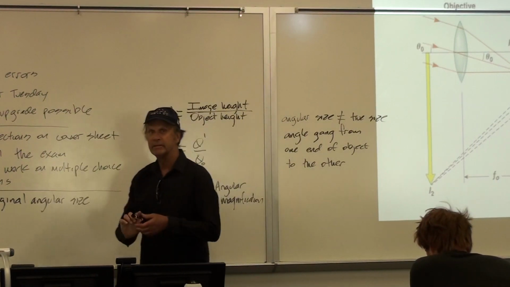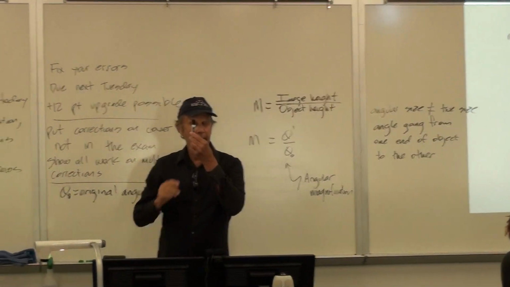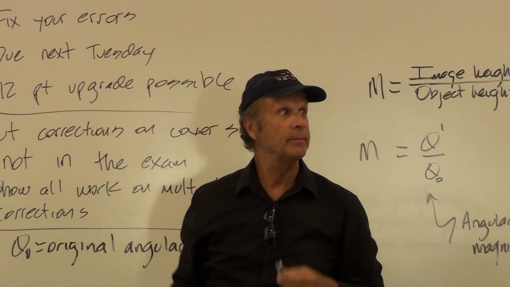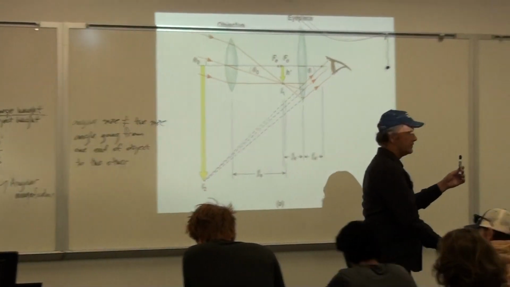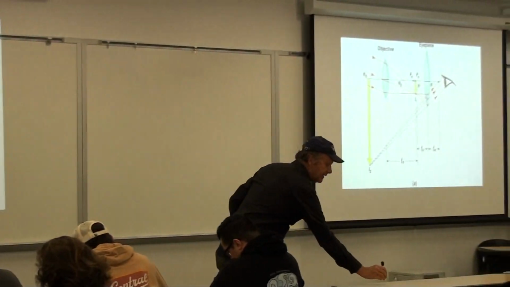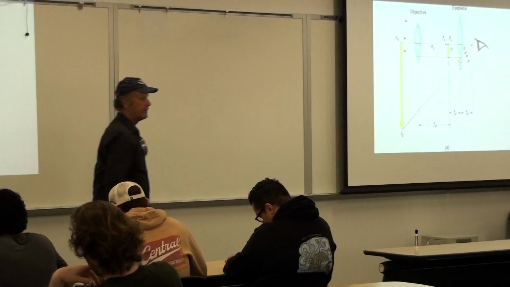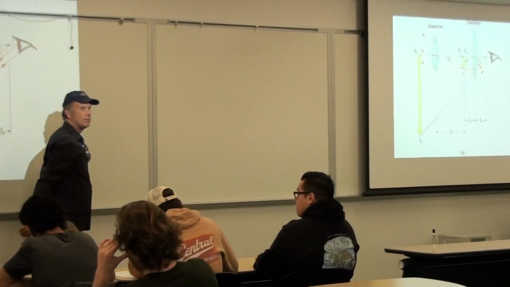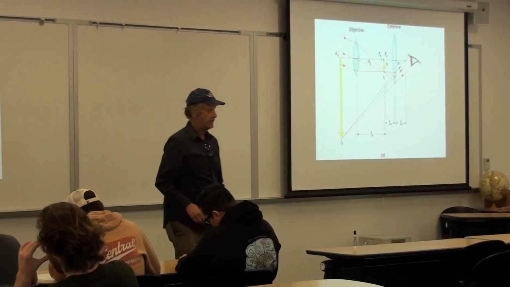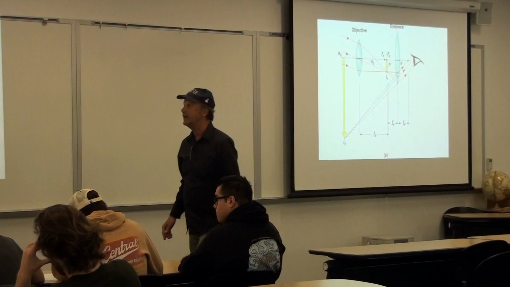Because I can look at this pen up here like that, and it sweeps out an angle maybe of 90 degrees. But then I know it's the same size, but it looks smaller when it's farther away. And so I can measure that apparent size by the angle that I sweep out going from one side of it to the other.